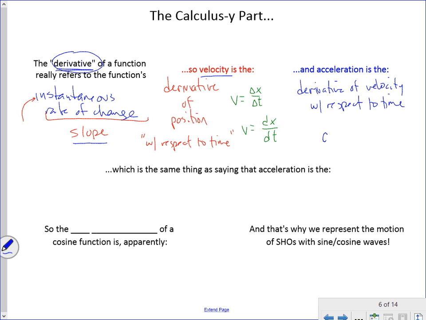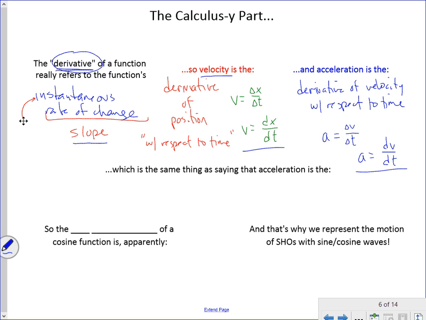We're used to saying delta v over delta t, but if we're talking about instantaneous rates of change, in a little tiny interval of time there's a little tiny change in velocity. So we say that a is dv dt.